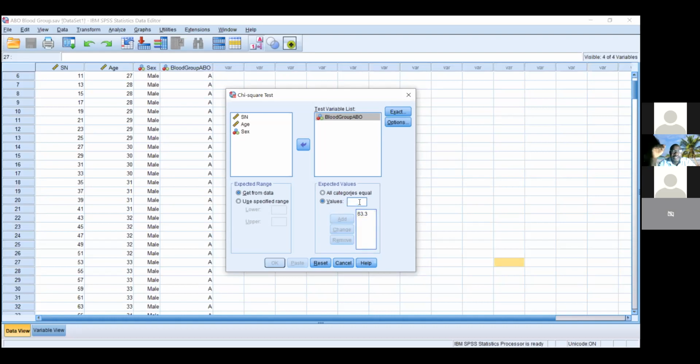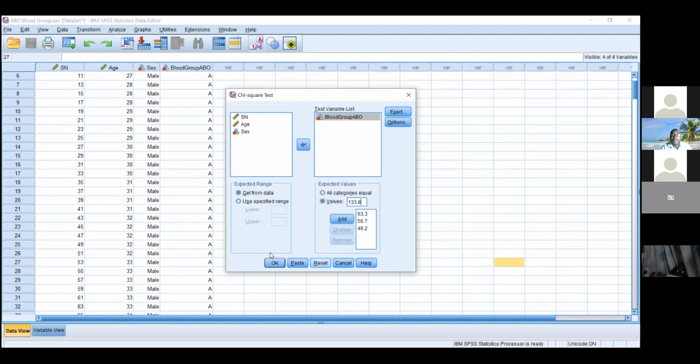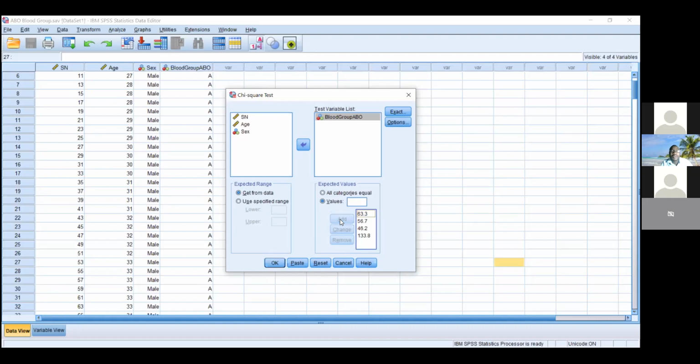The third one is 46.2. Then the last one is 133.8. When you do that, just say OK.